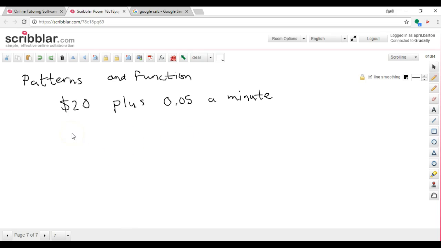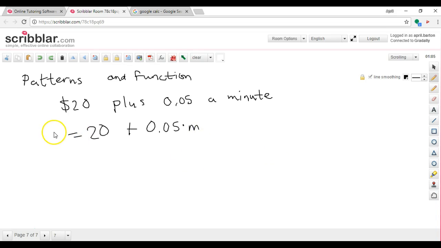So you can actually create a math equation for this and use it to predict, well, what's going to happen if I speak for 30 minutes. So $20 plus means use an actual plus sign. 5 cents a minute, that means to multiply by however many minutes you talk.